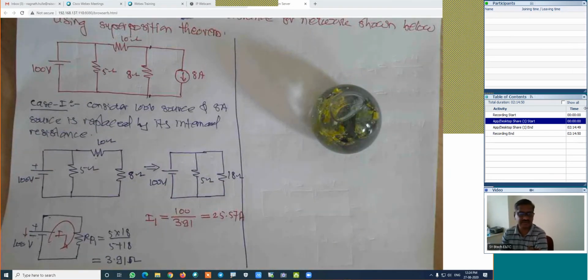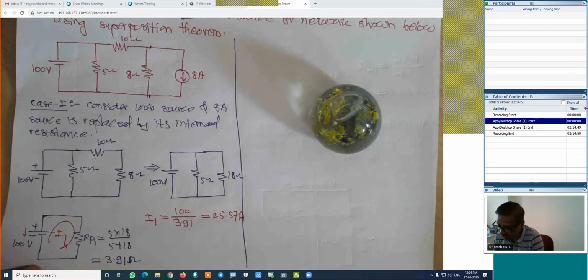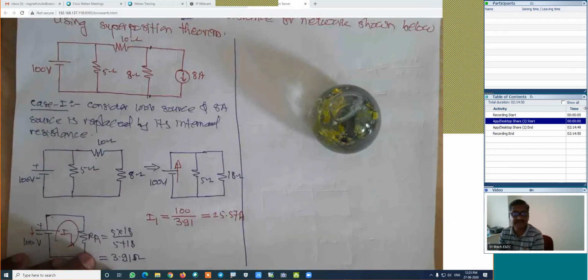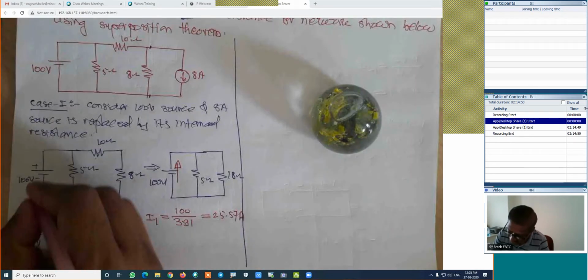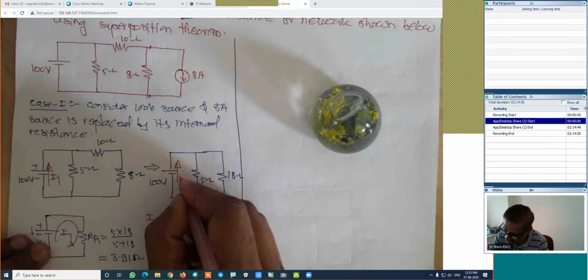Is it right? I1. If we know the current I1, then look at where we have calculated the current. We have calculated the current here, which is this I1.